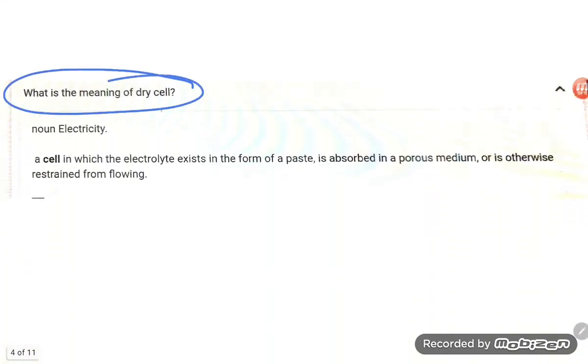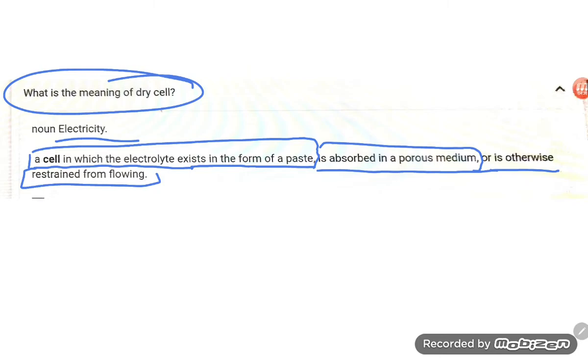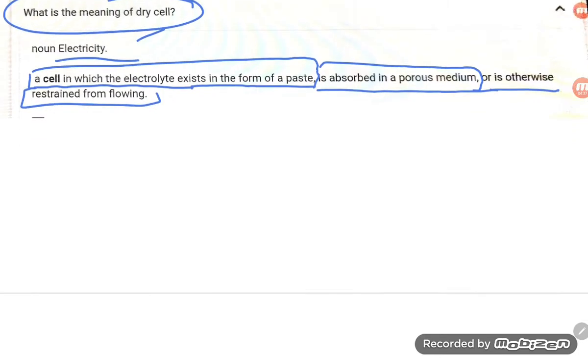What is the meaning of dry cell? A dry cell is a cell in which the electrolyte exists in the form of a paste, absorbed in a porous medium or otherwise restrained from flowing.